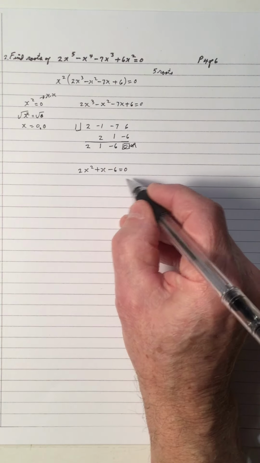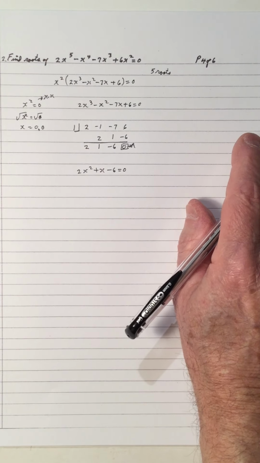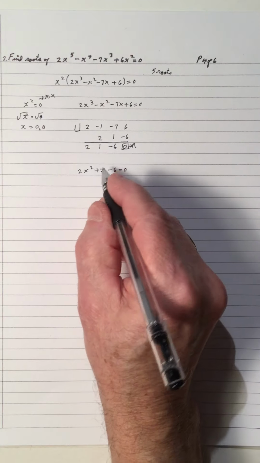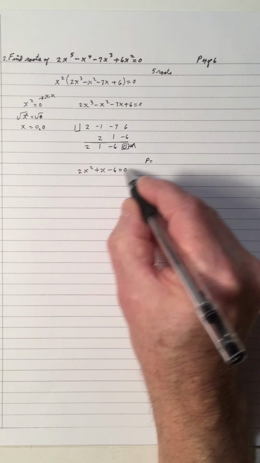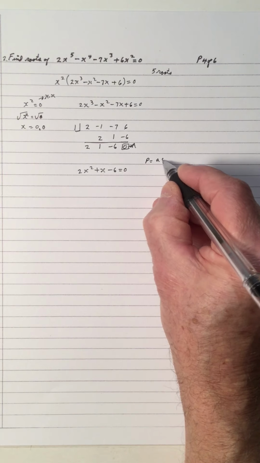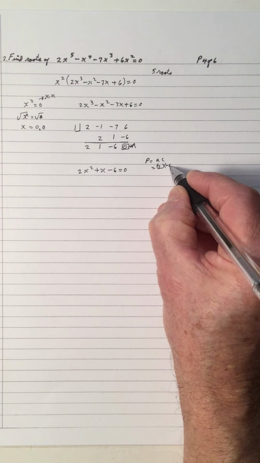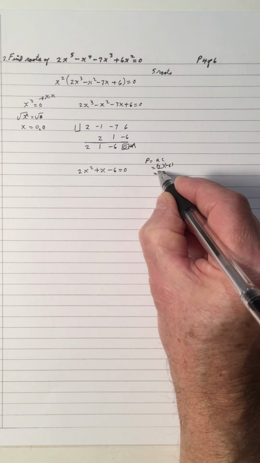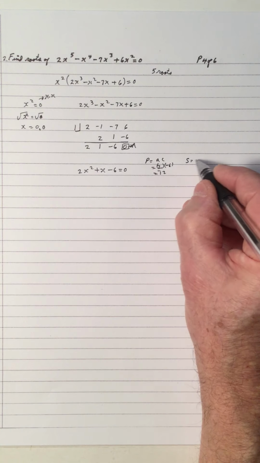And we can do this 2 ways, by factoring, or we can do the quadratic formula, whatever way you want to do it. Okay, well, let's see if we can factor it for a bit of practice. The product is a times c, which is 2 times negative 6. So the product is negative 12, and the sum is 1 in the middle.